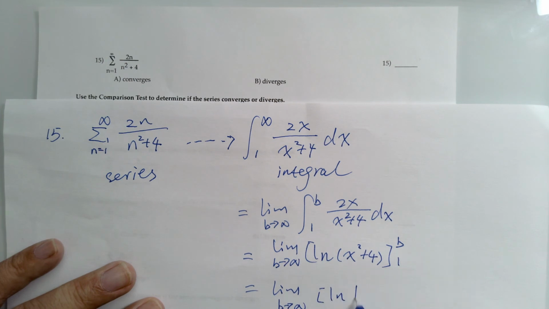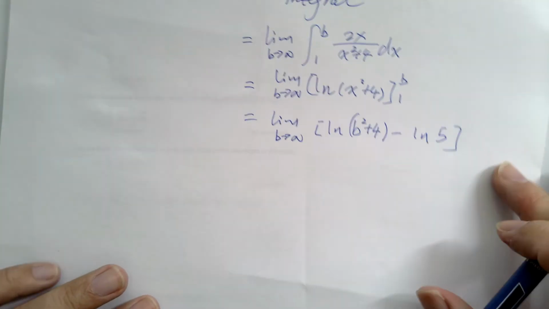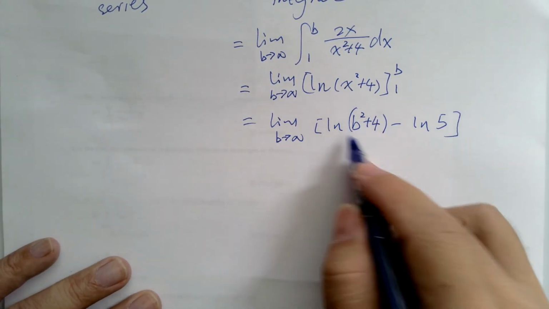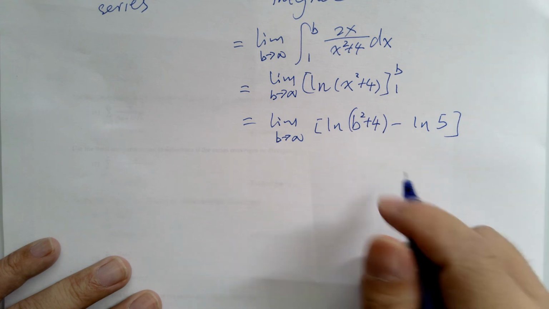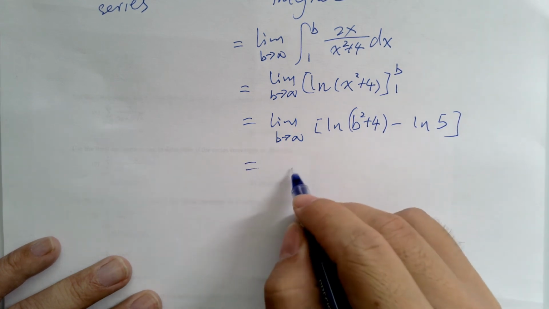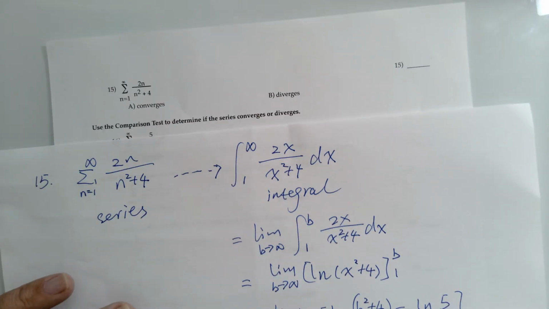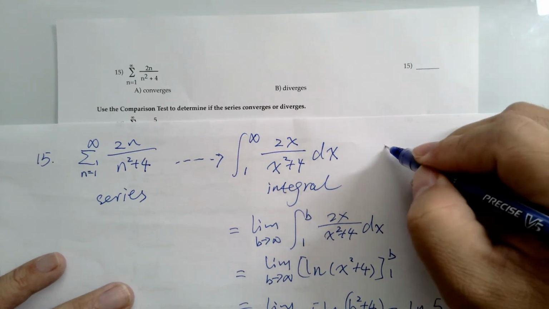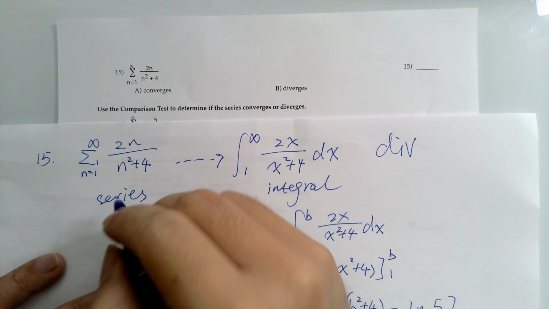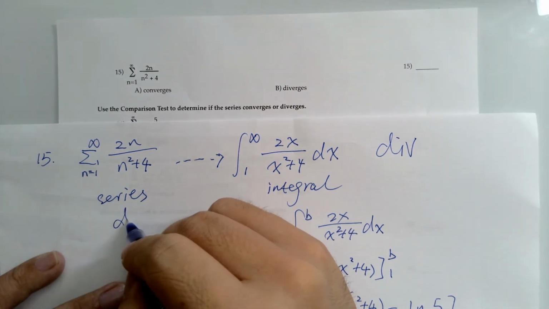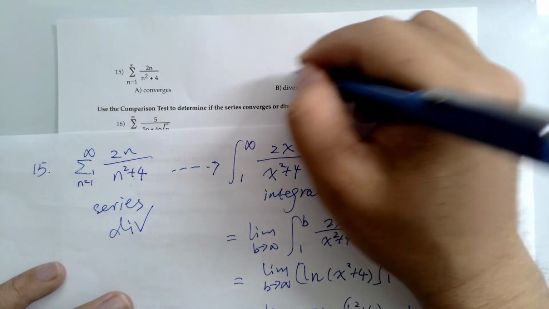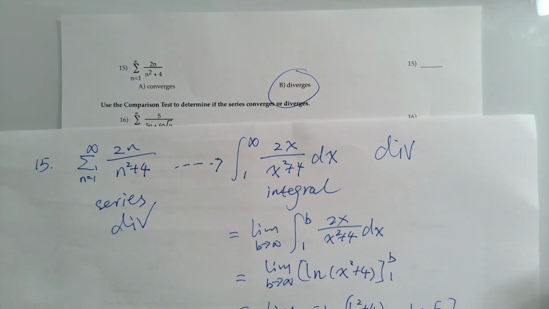So it's ln of b squared plus 4 minus ln of 5. Noticing that as b goes to infinity, ln of infinity is also infinity, this corresponding integral diverges, so our original series diverges too. So that's the integral test.